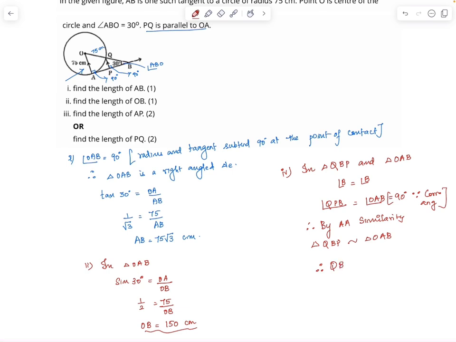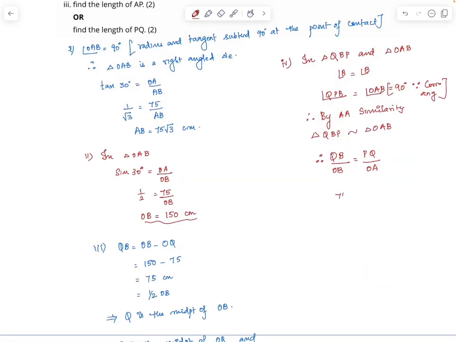Therefore, QB upon OB is equal to PQ upon OA. QB is 75 and OB is 150. PQ is what we have to figure out, and OA is again the radius, which is 75. So PQ is 75 into 75 upon 150. So PQ is 75 upon 2 centimeters.